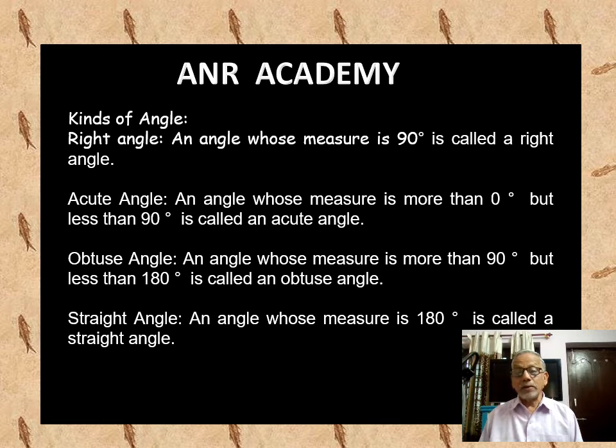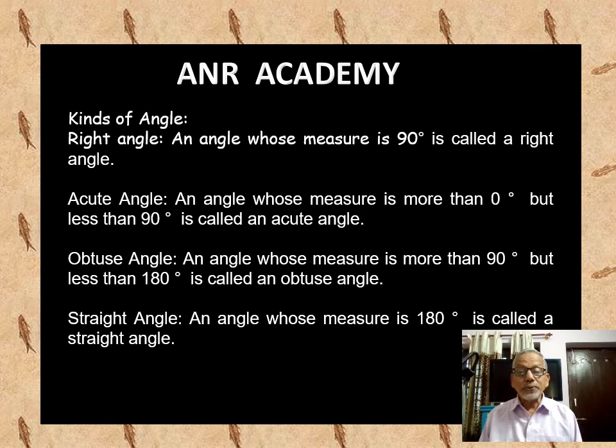An angle whose measure is more than 0 degrees but less than 90 degrees is called an acute angle. Any angle more than 0 degrees and less than 90 is called an acute angle.